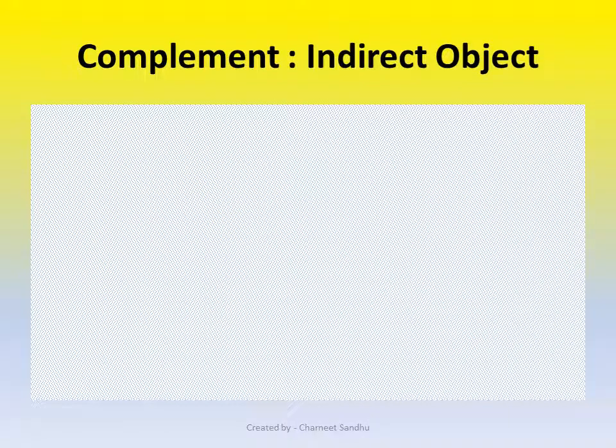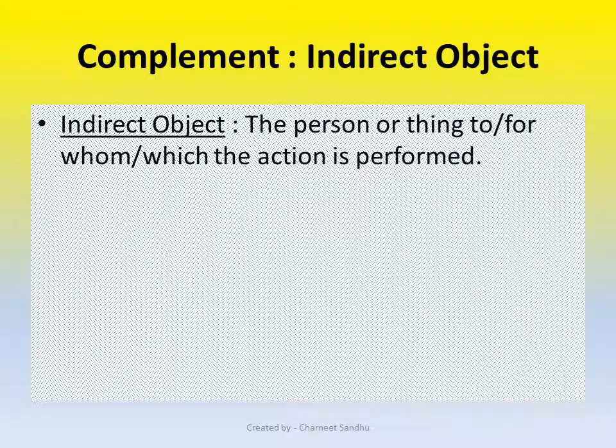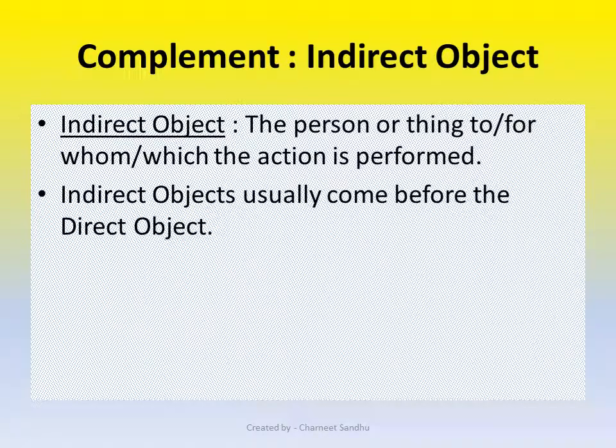The next topic is indirect object. The person or thing to whom or for which the action is performed. Indirect objects usually come before the direct object.